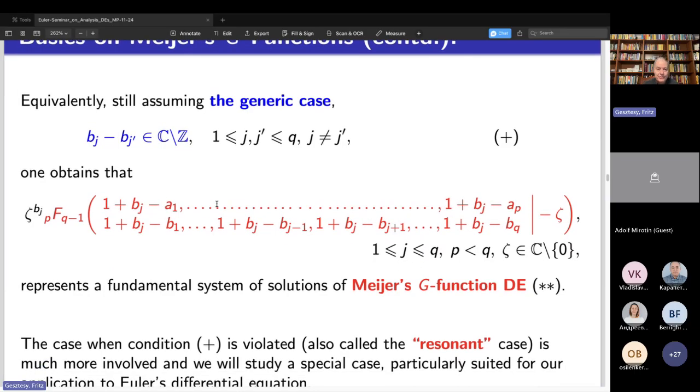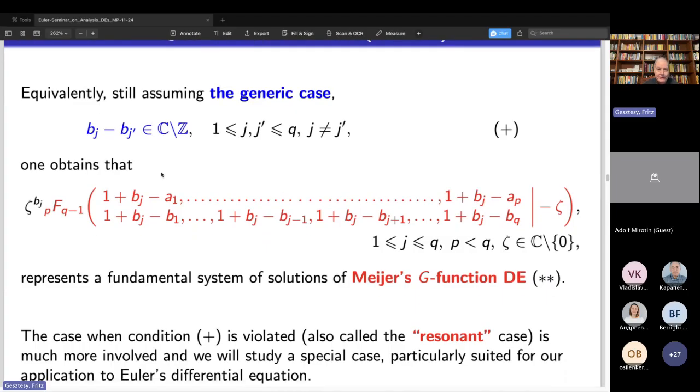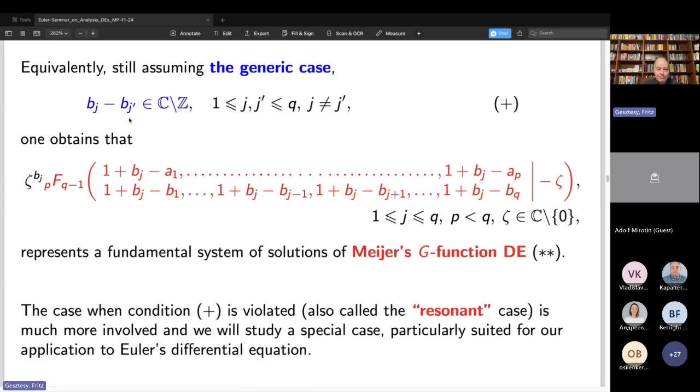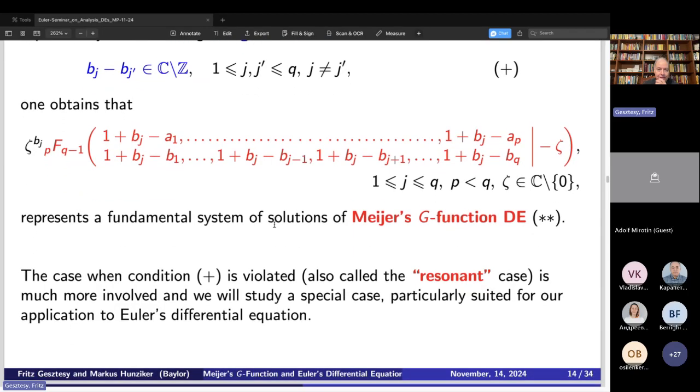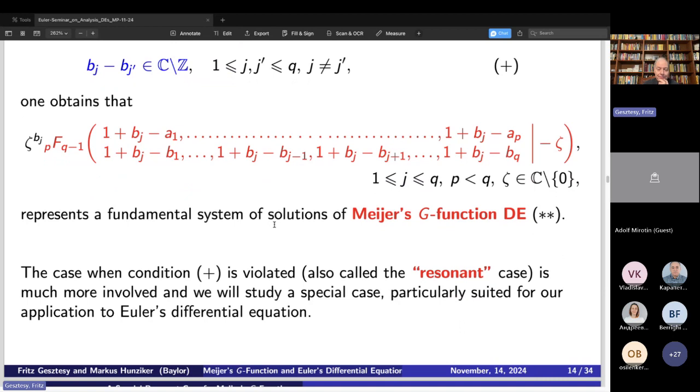So this is the generic case. Now, when you violate the generic case, so when some of your differences of b's are suddenly integers, this is sometimes called the resonant case, and then things get a lot more involved.